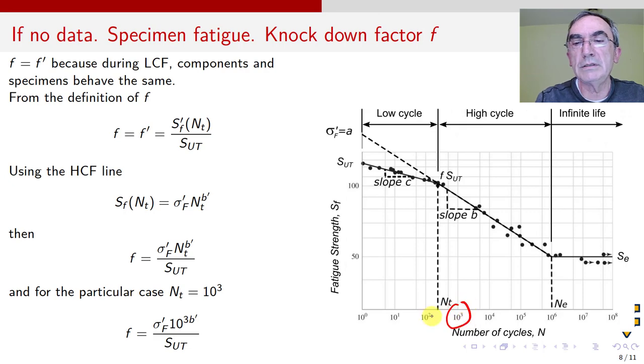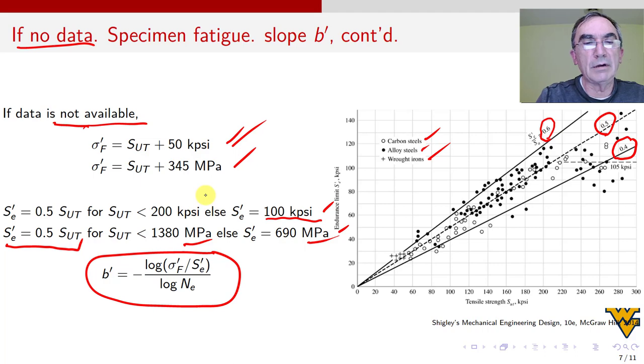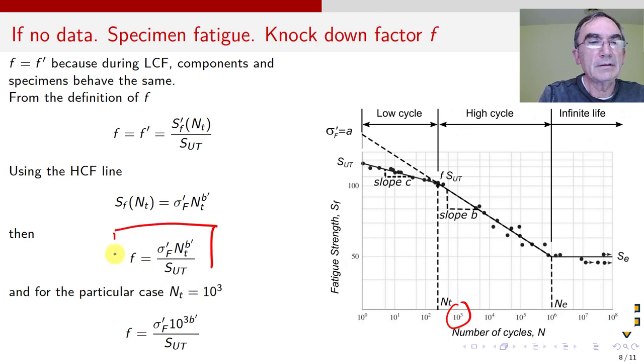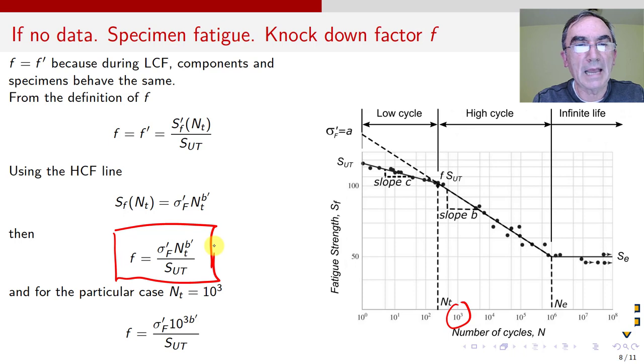People will assume 10 to the 3. And b prime, where do you get it? We just calculated b prime. So I can calculate this value, and this is my formula for f. Put this formula aside and keep it handy because it lets you calculate f, and once you have f, you can calculate other things.